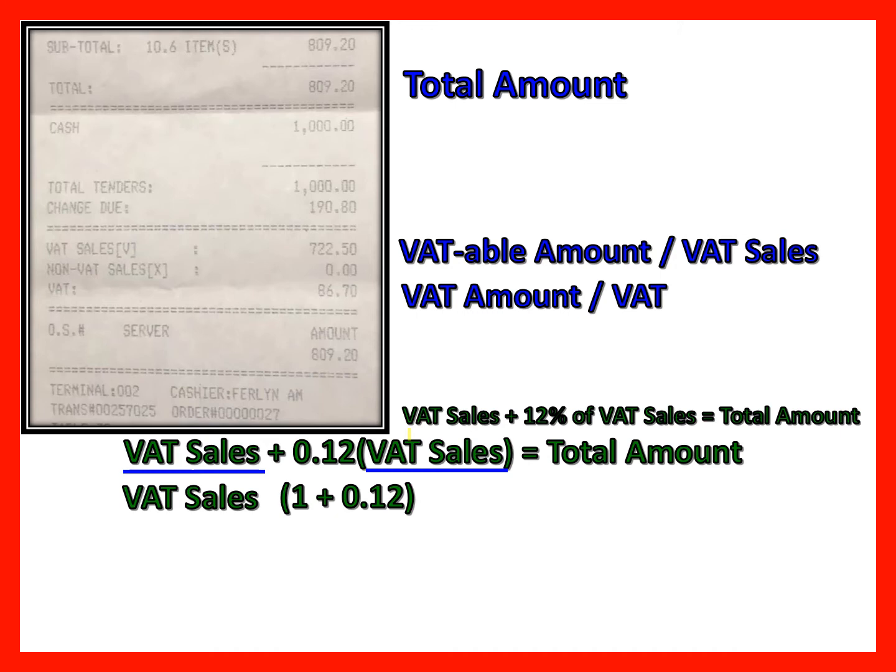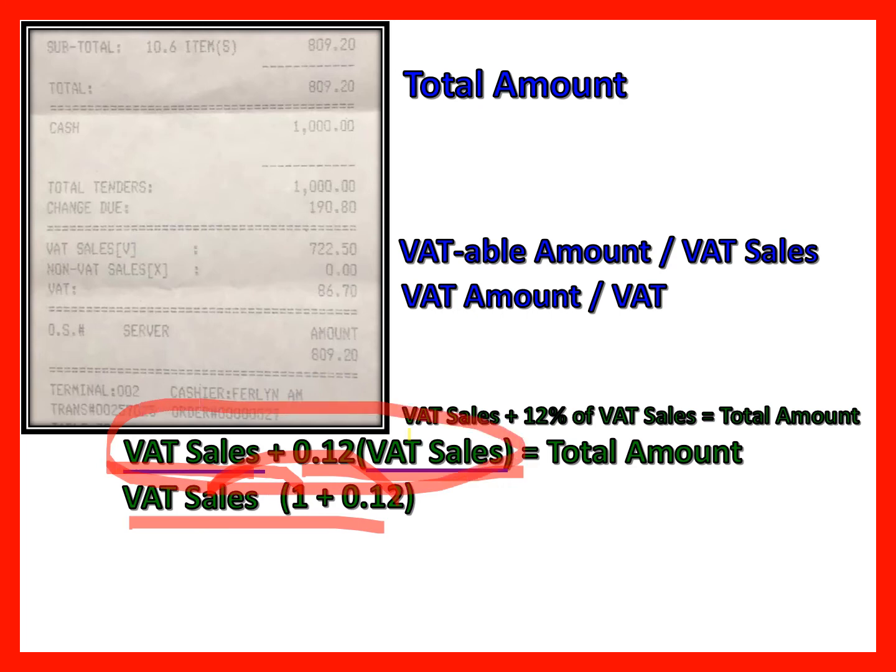And why? Because since the common factor is the VAT sales, if we distribute the VAT sales from 1 using multiplication, VAT sales times 1, that is VAT sales. Then VAT sales multiplied by 12 hundredths, we will get this one. So I'm just showing that this expression is the same as this expression.